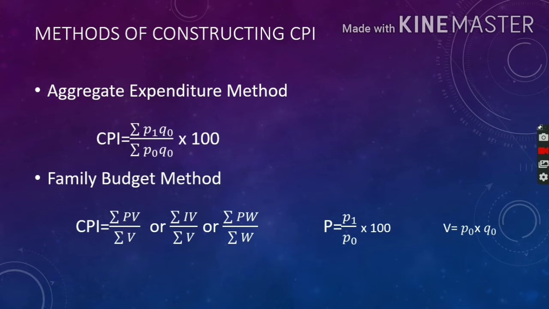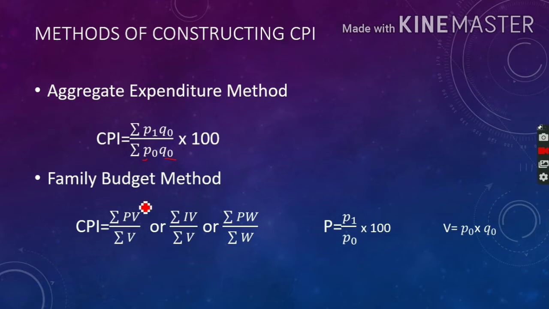The first one is the aggregate expenditure method. The formula is CPI equals sigma P1 Q0 divided by sigma P0 Q0, into 100. P1 represents current year price, Q0 represents base year quantity, and P0 Q0 are both base year price and quantity.